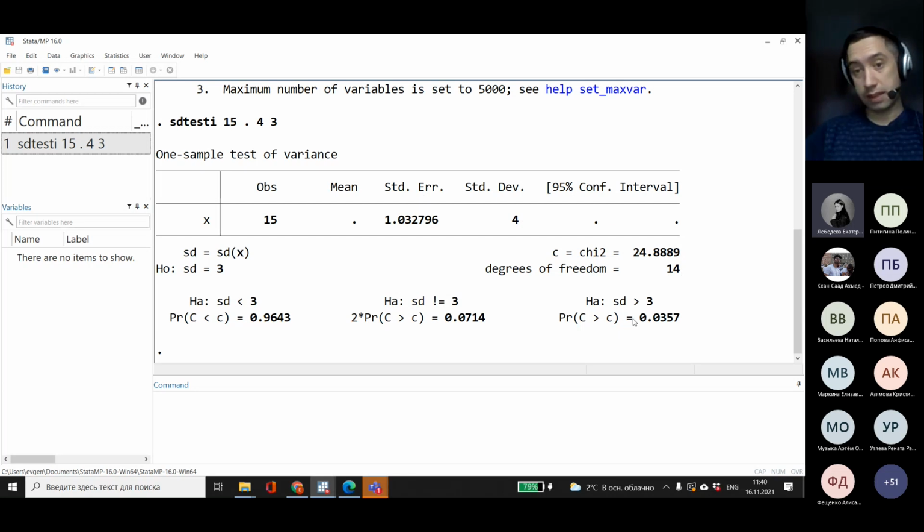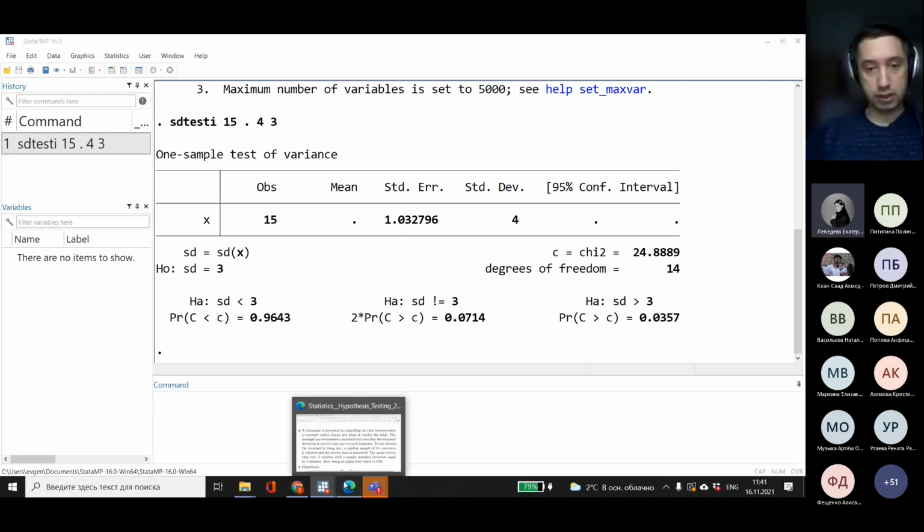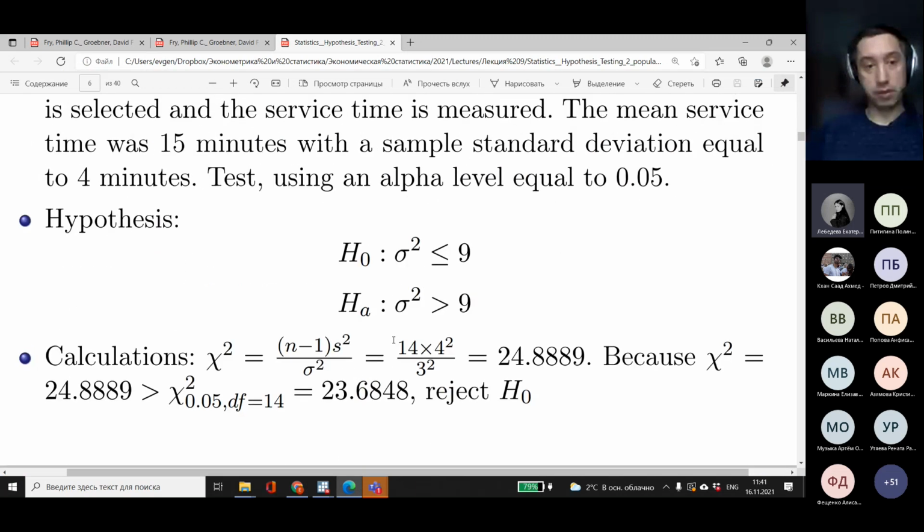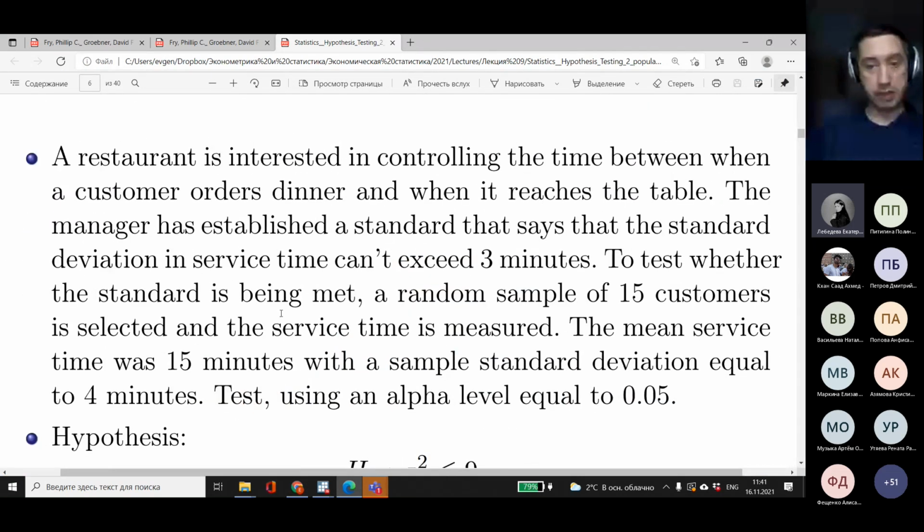And indeed, we see that at the 0.05 level, we can reject null hypothesis. Hence we can state that at 5% confidence level, our standard deviation exceeds 3 minutes. Hence, standards aren't met.